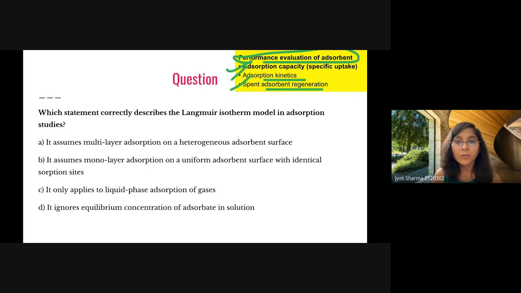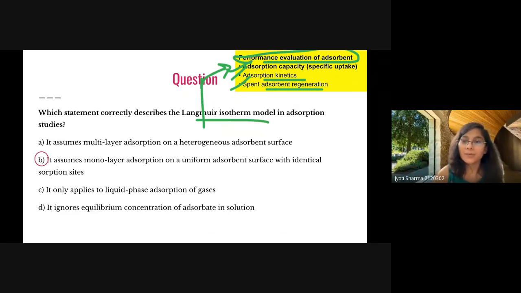This is the one model that we use to calculate the adsorption capacity, right? And you have to tell me what different assumptions we have in the Langmuir isotherm model. Because you already have given me the answer, with no time wasting, I'm giving you the right answer. So yes, this is B.